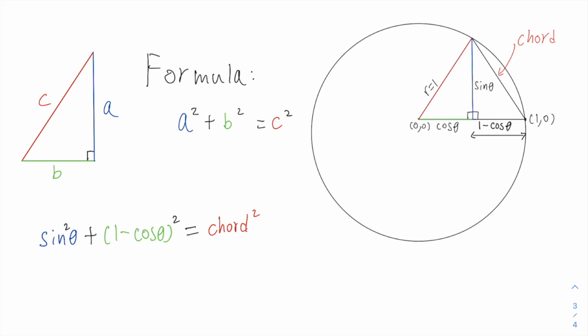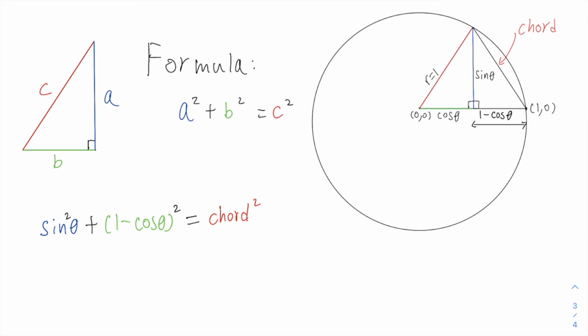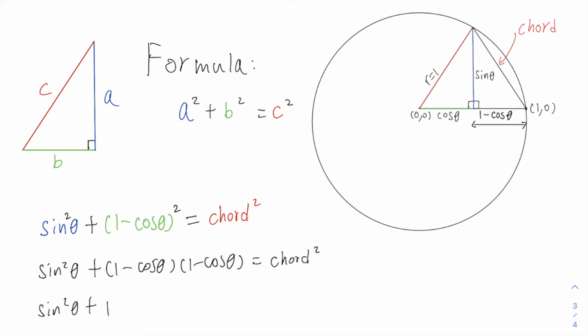So sine squared theta plus 1 minus cosine theta times 1 minus cosine theta equals chord squared. So that is sine squared theta plus 1 minus 2 cosine theta plus cosine squared theta equals chord squared.